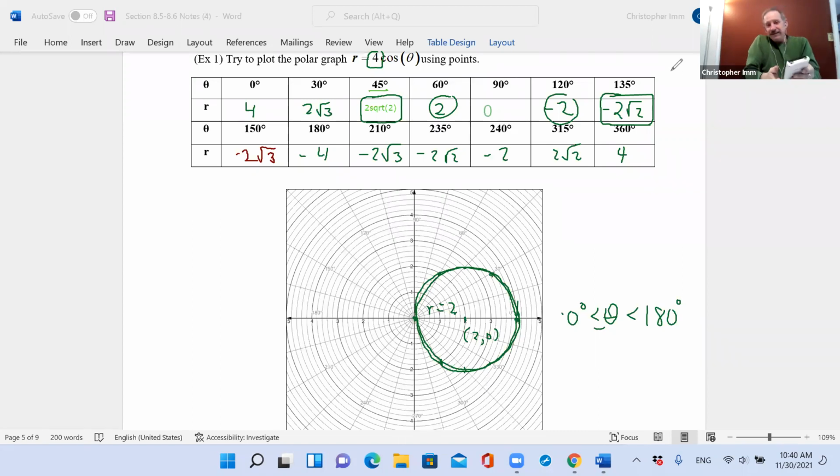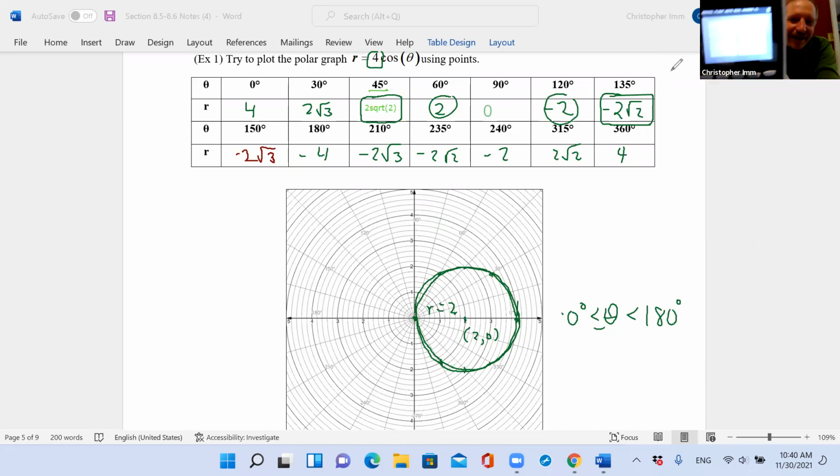I'm going to type this in my calculator, and now that I've plotted 1, that's a great thing to do. I'm going to change it to 5 and graph it, see what happens.